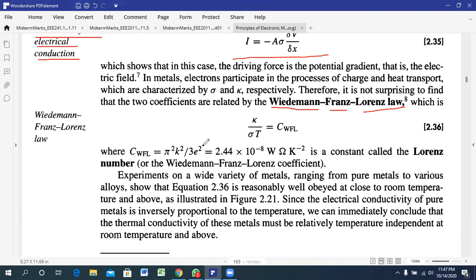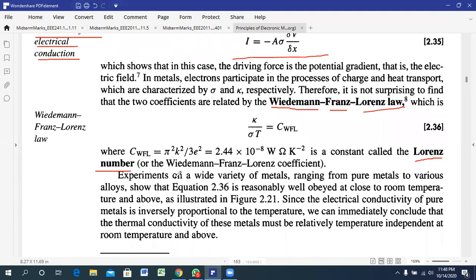And e is the charge of an electron. So we know that all these three parameters are constant. If we put all these values in, we find that C_WFL equals 2.44 times 10 to the power minus 8 watt ohm per Kelvin square, and this number is known as the Lorenz number.